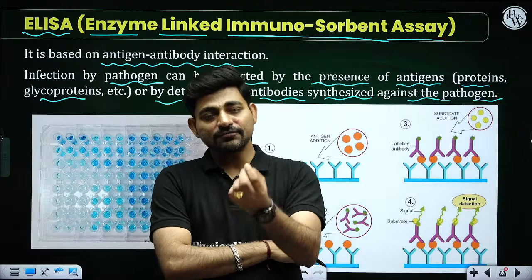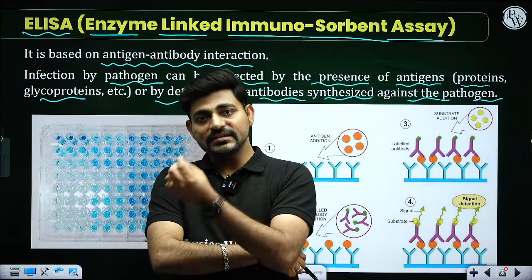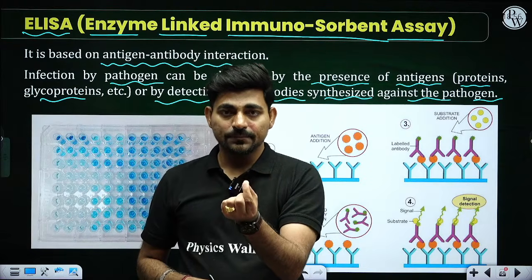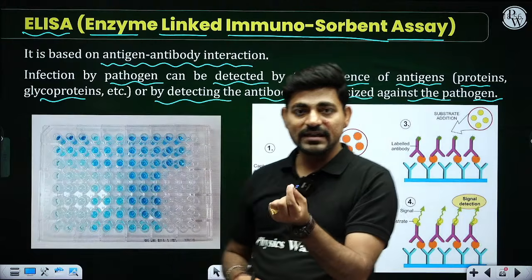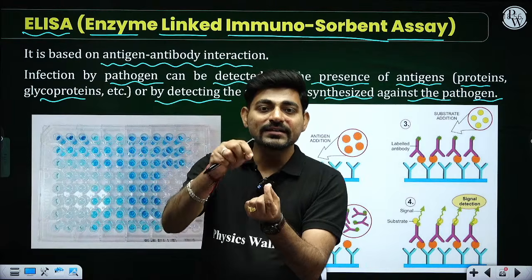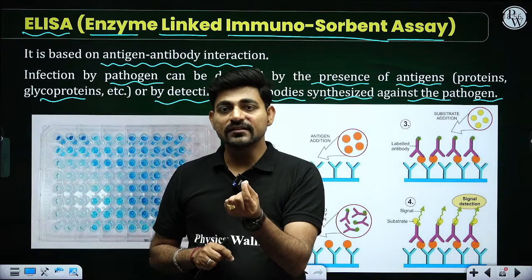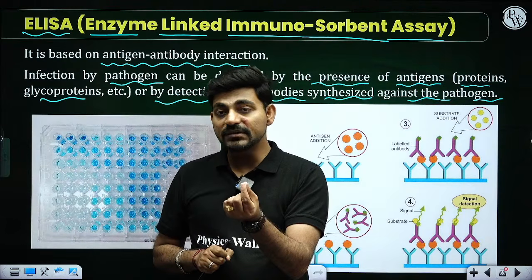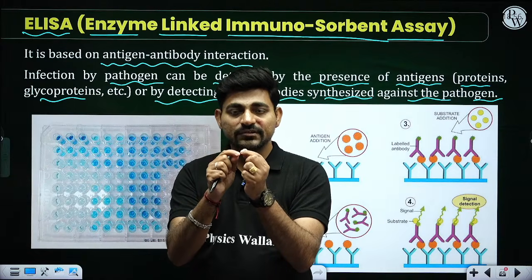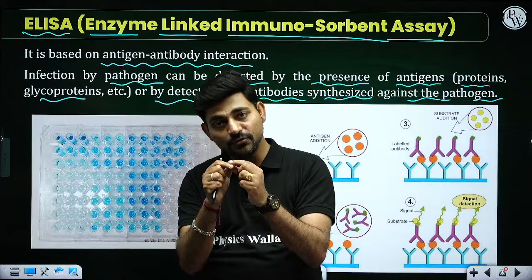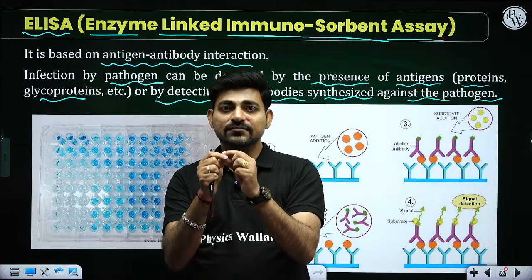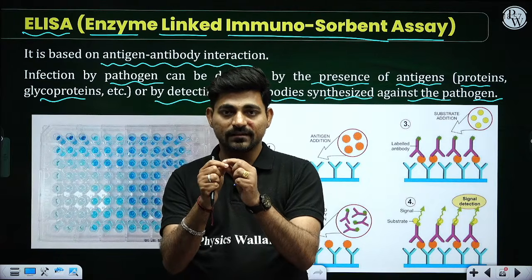Now if I take out your body fluid sample and put it inside a small vial, where I will be performing this ELISA, to confirm that, I have to add antibodies which can confirm to the pathologist that if there is a reaction happening between the dengue antigen and dengue antibody, that means there is binding, and obviously the patient is suffering from that particular disease, right?